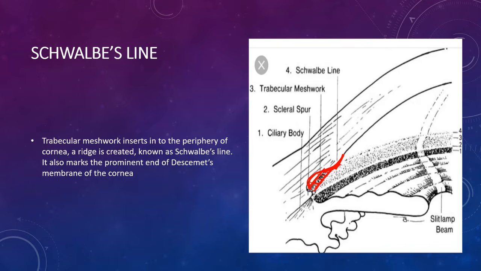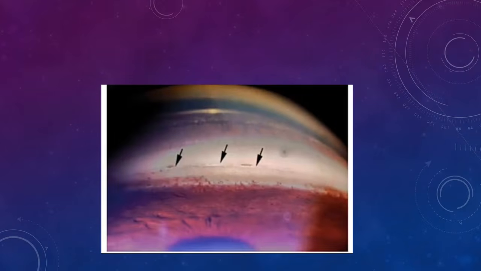That ridge coincides with the ending of the Descemet's membrane, and this ridge is called the Schwalbe's line, which is the most anterior part of the angle that we see when we do a gonioscopy.